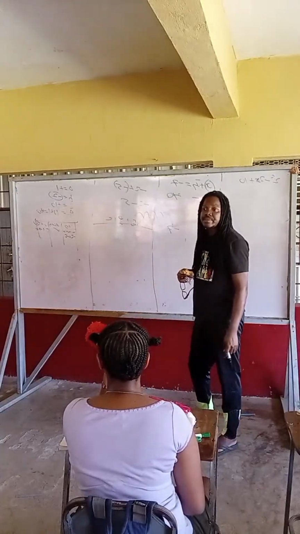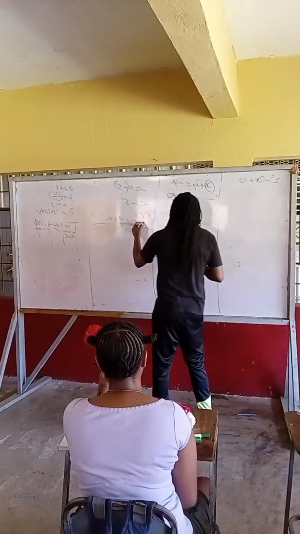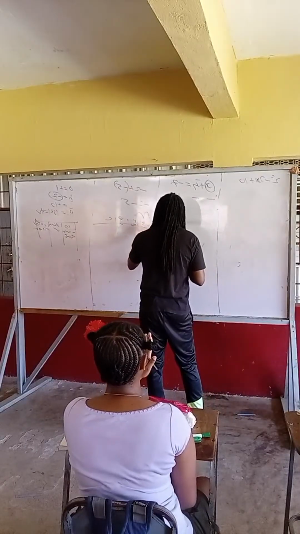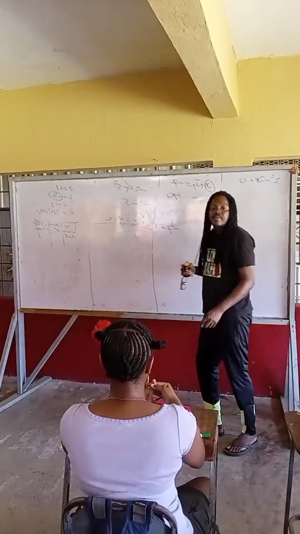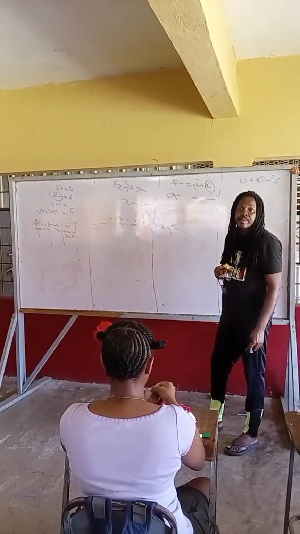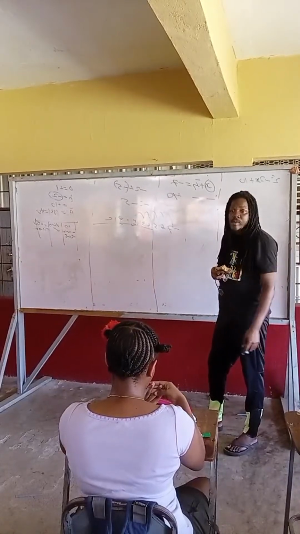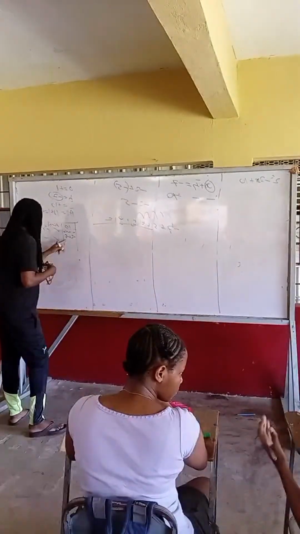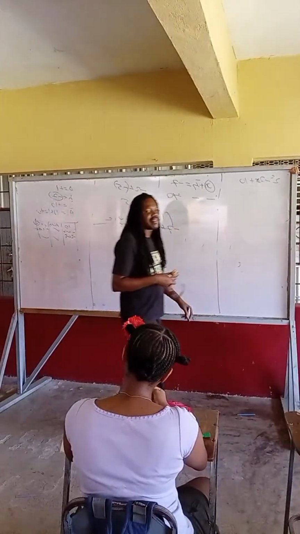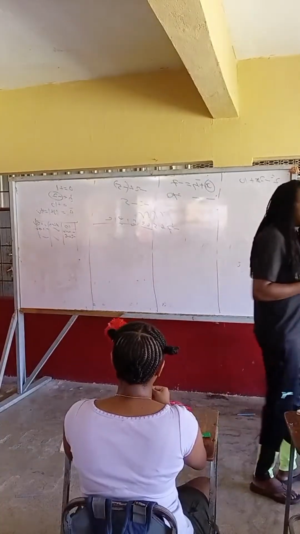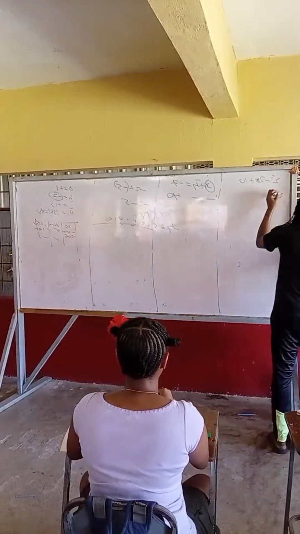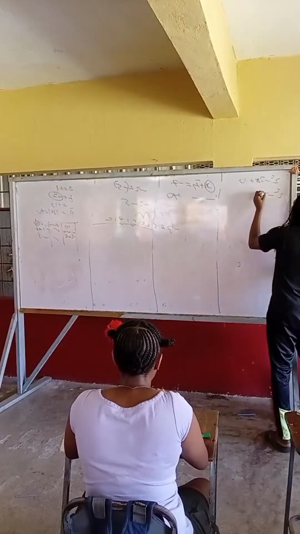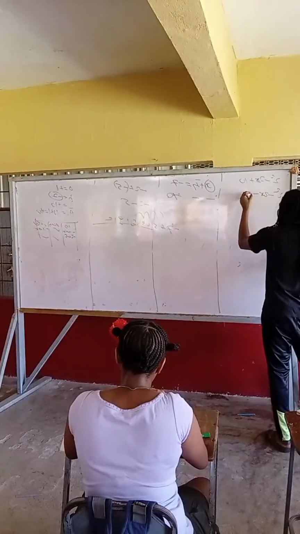Everybody see that? 3, 4, 5, 6, 7. Good. So we're going to say this and this: minus 2 and minus 5. Everybody see that? Yes, sir. So you come here and I say x squared minus 2x minus 5x.